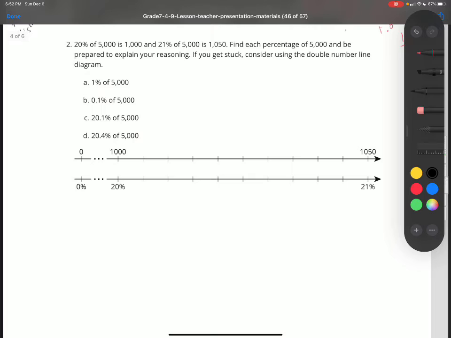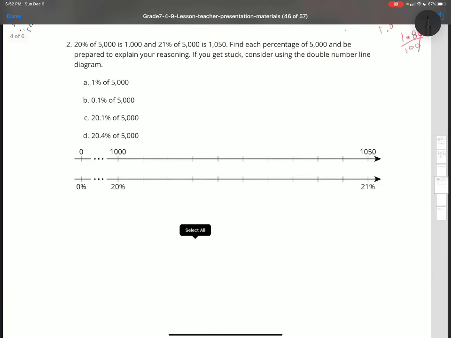So what I can do is figure out how many tick marks it is to get to 21. Now, this would incorporate some decimals.